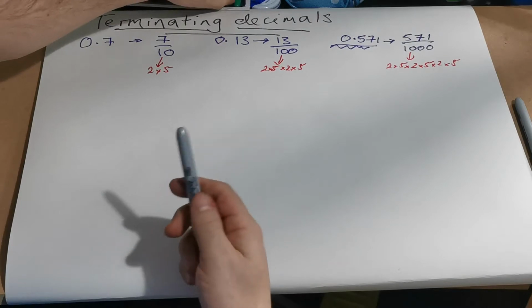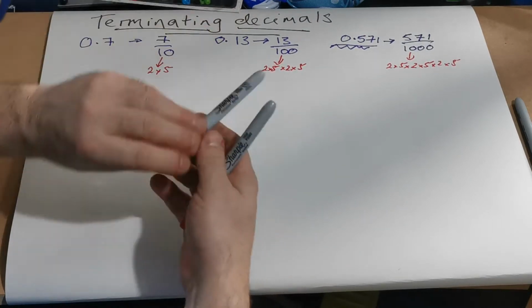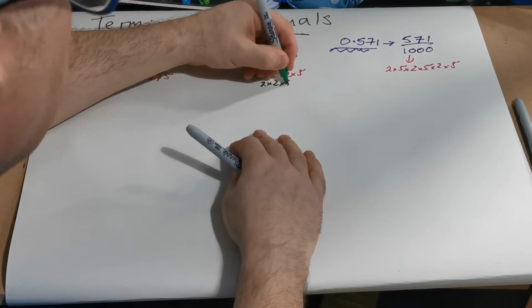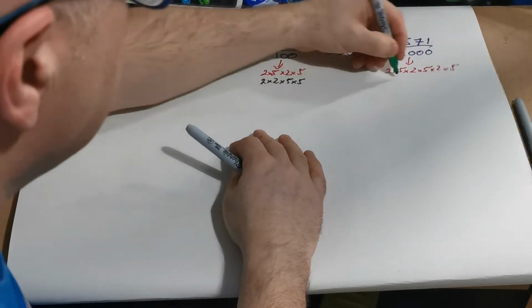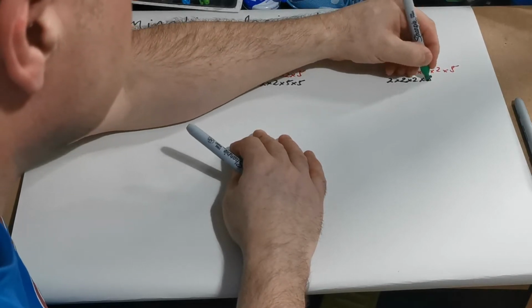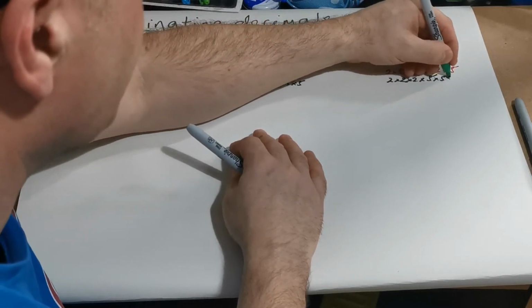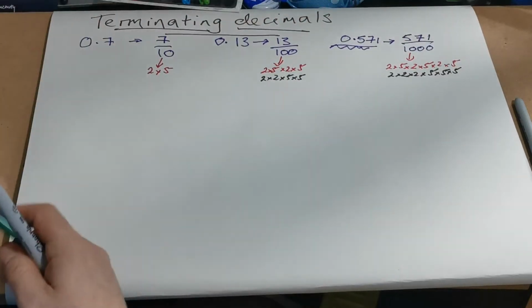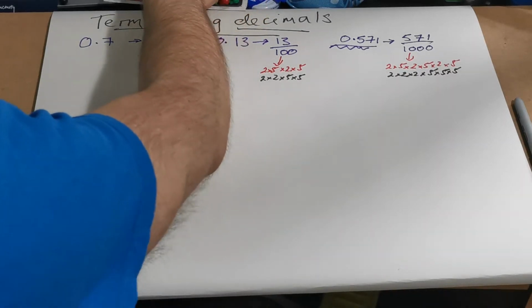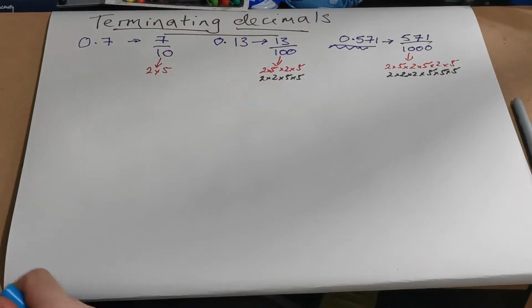So, in effect, this is 2 times 2 times 5 times 5 and 2 times 2 times 2 times 5 times 5 times 5. And the pattern goes on, and for every denominator you've got an equal amount of 2's and 5's. So we can use that in terms of cancelling down.